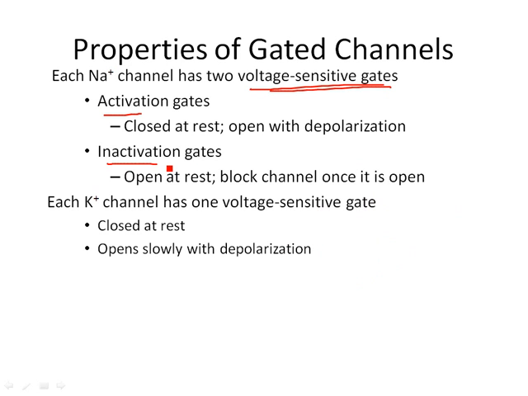So these activation gates are closed at rest, and they're going to open during depolarization. Your inactivation gates are open at rest, and then they're going to close, blocking the channel once it's open. So you've just got a little gate that's going to open and close based on the change of charge.